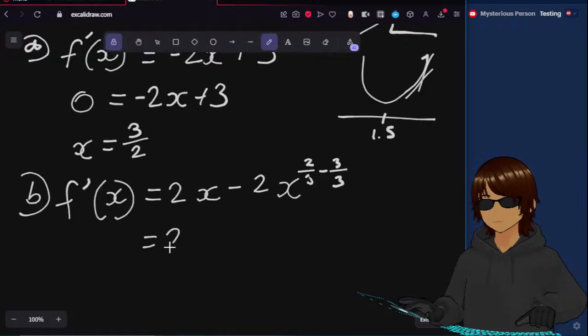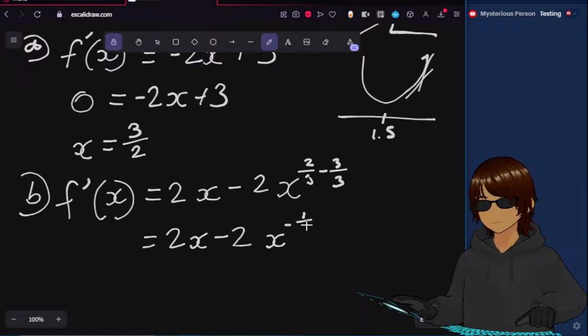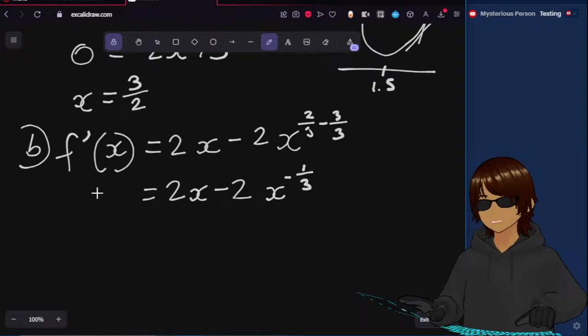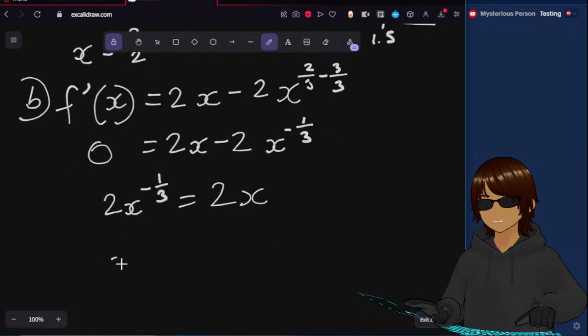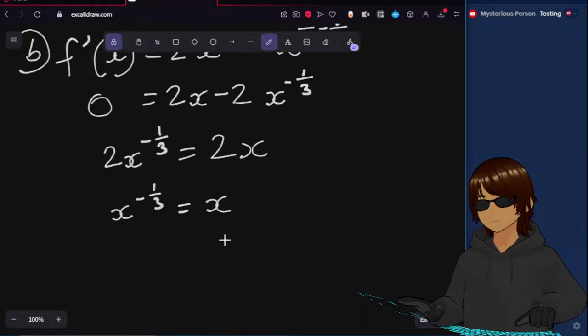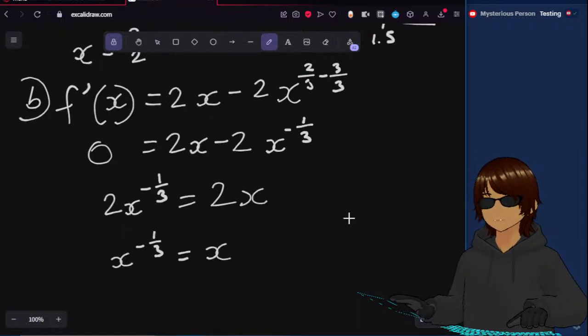This gives you this, and if it's 0, then 2x equals this, and then x is 1, right? Would it be any other value?